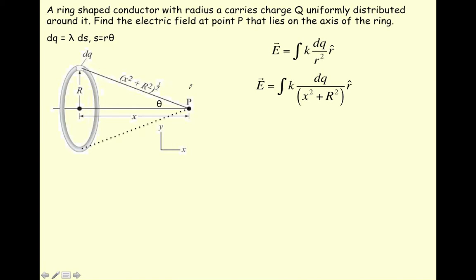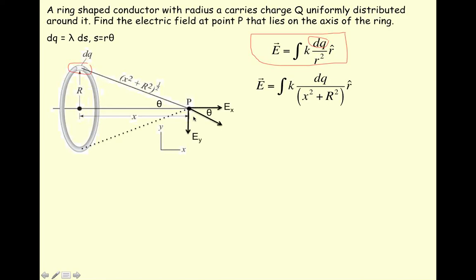I'm going to use the definition that we have established by taking a delta Q, calculating the electric field due to that dq at this point, and then integrating over the whole ring after I finish.